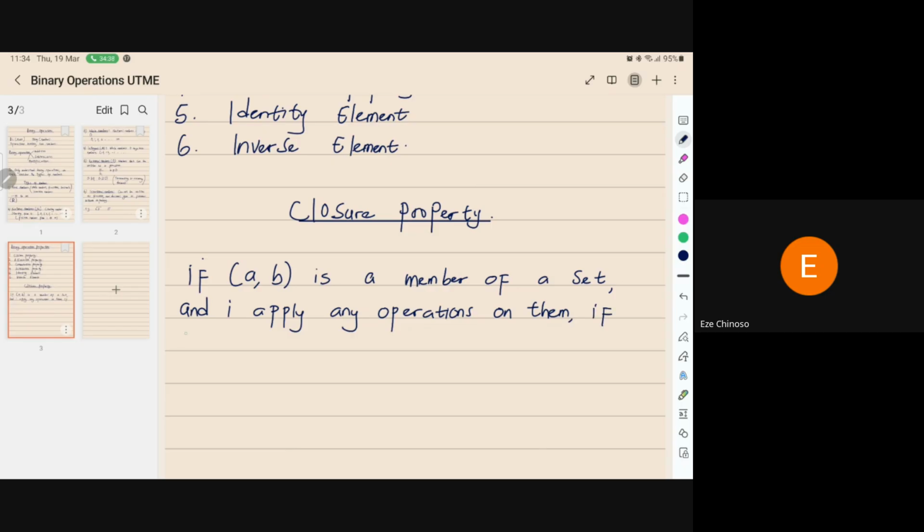If the answer obtained is also a member of the set, that implies, or that means, let's use the word imply.